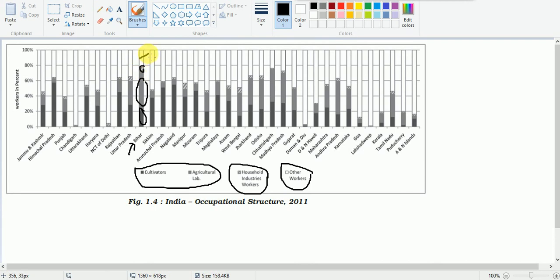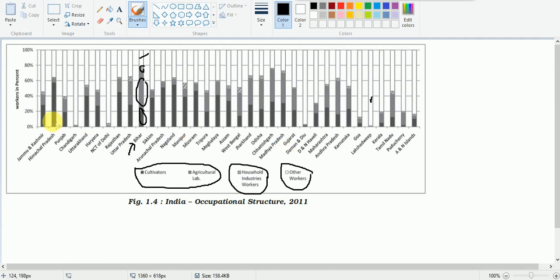And likewise, see here Lakshadweep. This is for Lakshadweep, and Lakshadweep has a large number of people working in the tertiary sector.